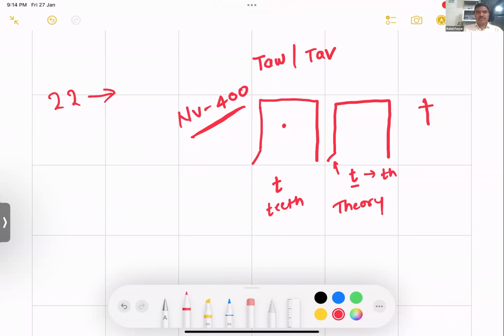What is the difference between the G from Gimel and Ain? Please listen very carefully.